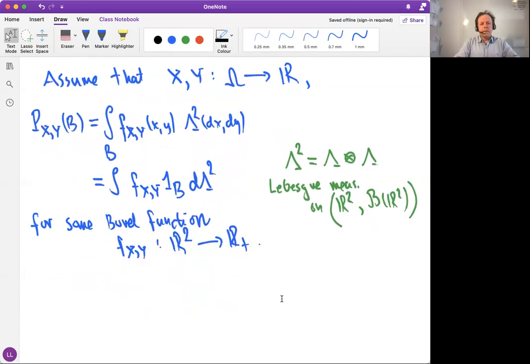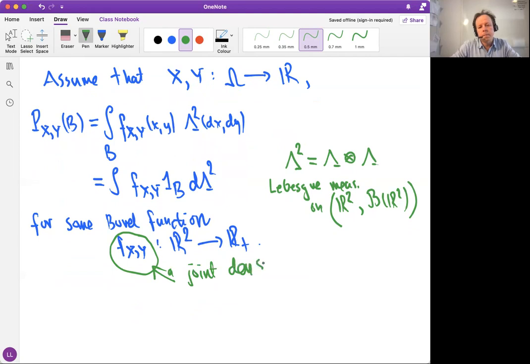If we assume that this is the case, then this is called a joint density of X and Y.